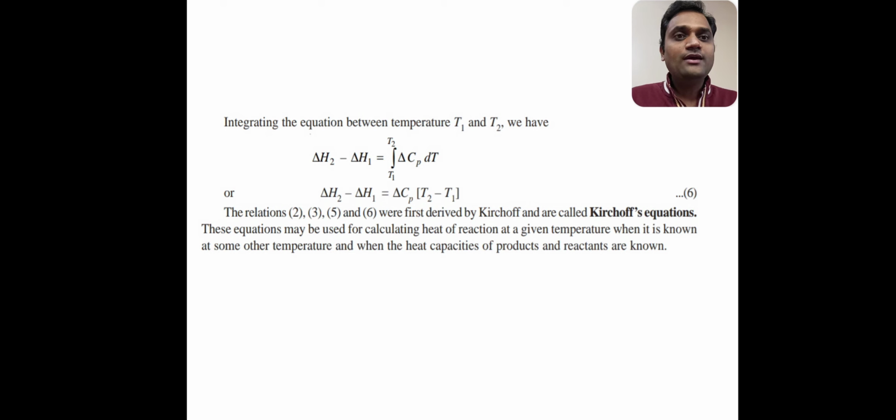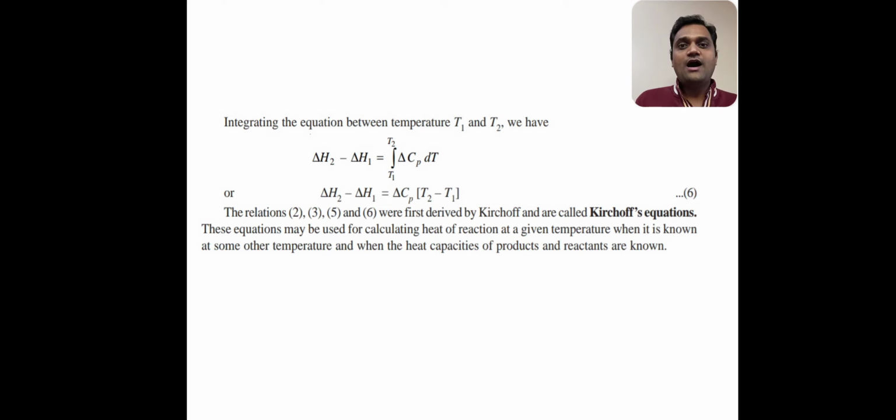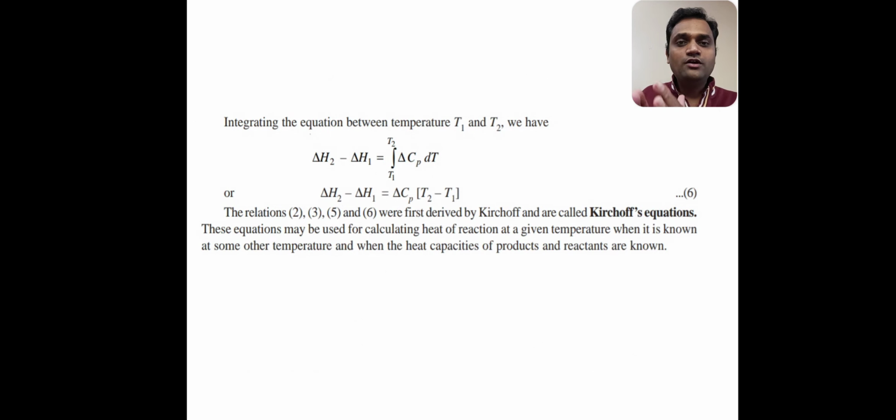So again equation 5 and equation 6 are also called Kirchhoff's equation. So at constant volume and at constant pressure we obtained equations 2, 3, 5 and 6. These equations were first derived by Kirchhoff and therefore are called Kirchhoff's equations.